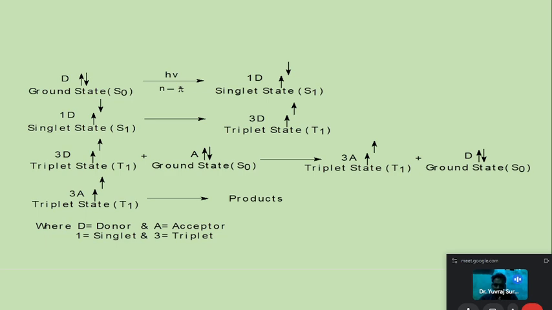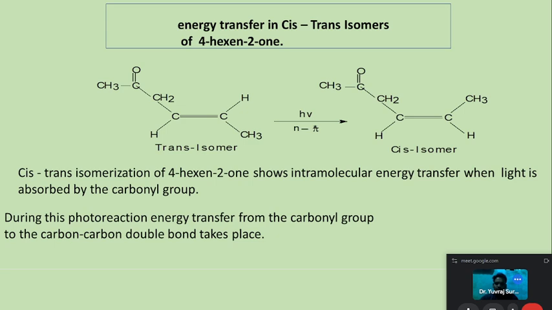When the singlet excited state molecule shifts to the triplet excited state, the triplet excited state molecule transfers energy to the ground state acceptor molecule, and after that the triplet state molecule gives the product.